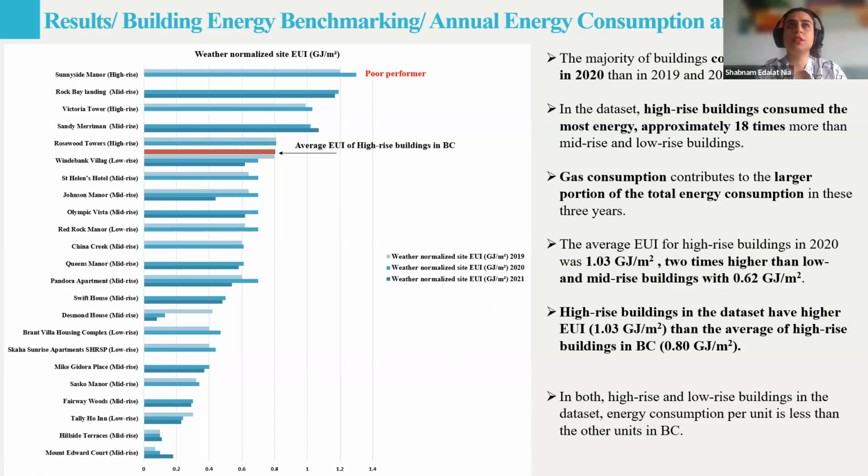But also the analysis of energy consumption per unit shows that in all of these 23 buildings, energy consumption per unit was lower than the average in BC, which means that the residents in community housing may use less energy compared to other residents in BC.